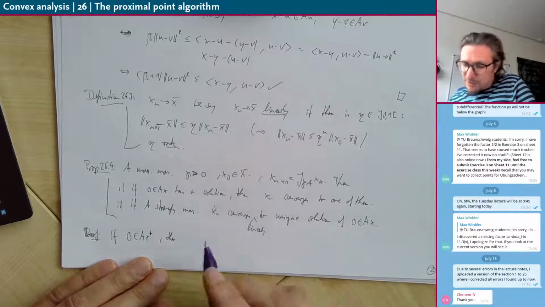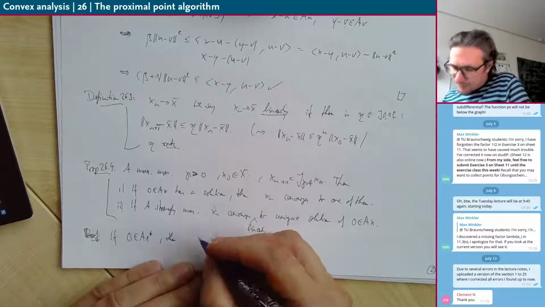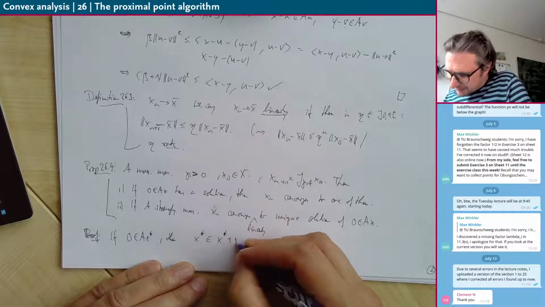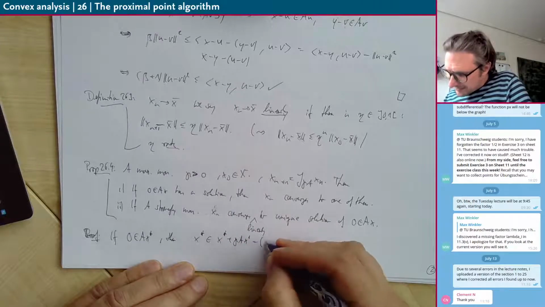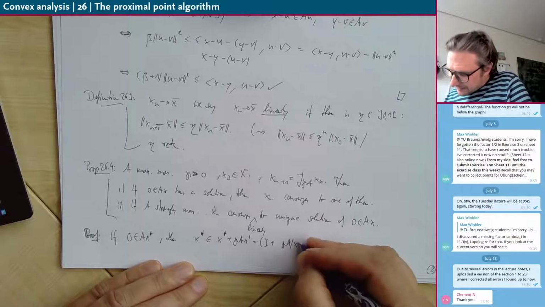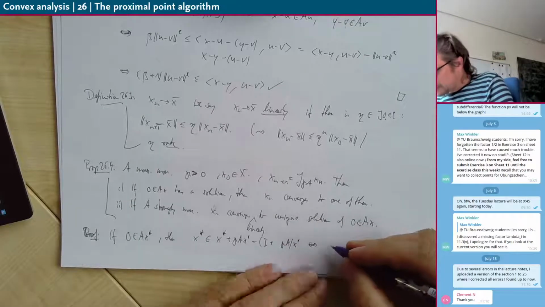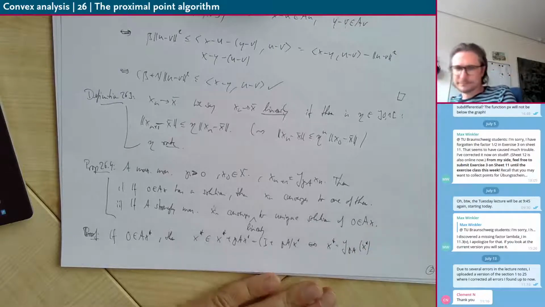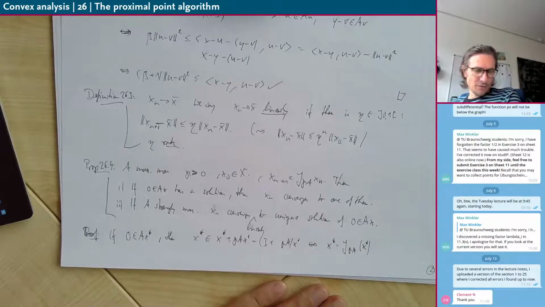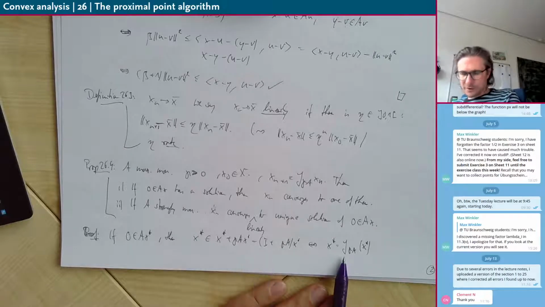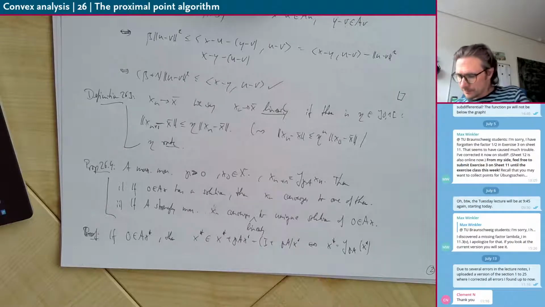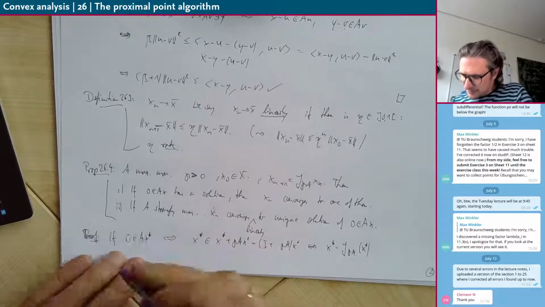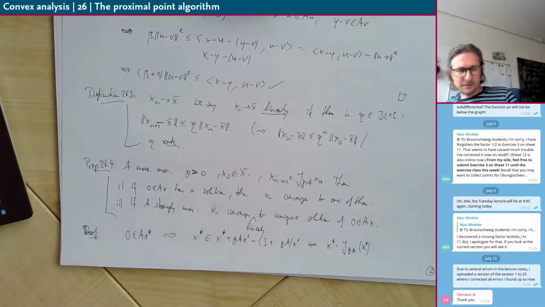Of course, we can just multiply both sides by gamma, nothing happens, but we can also add x star on both sides, and this is x star plus gamma A x star, which is identity plus gamma A applied to x star, and this is if and only if x star is J_{gamma A} x star. So that's simple. Fixed points of the resolvent are exactly the solutions of the inclusion.